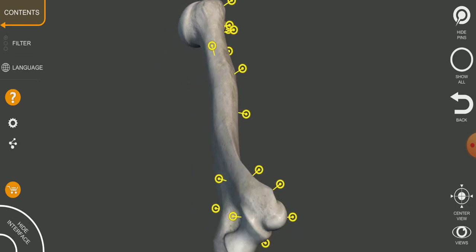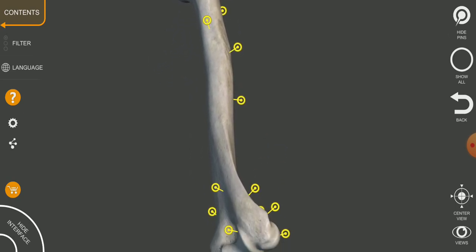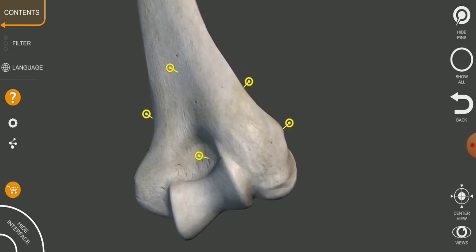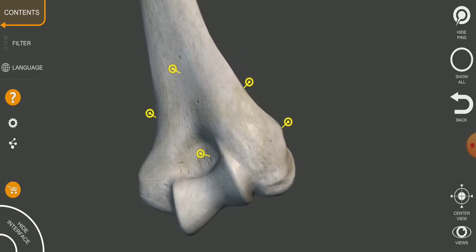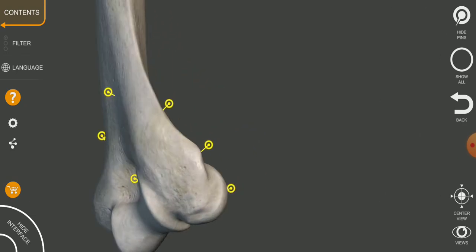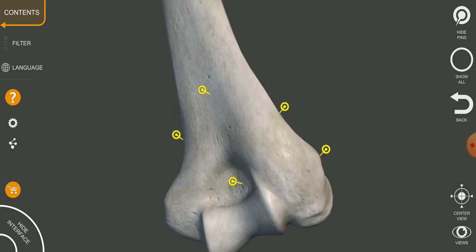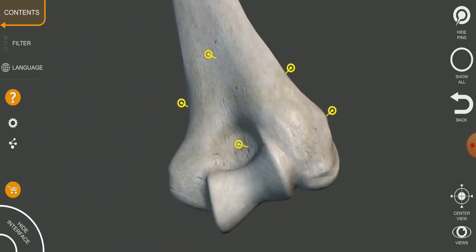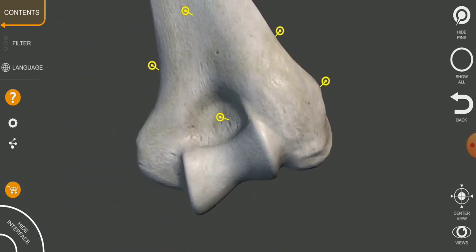Come down, same. So this is the posterior view of the inferior side of the humerus. We saw the anterior; now we will see the posterior, the back side of your elbow joint.